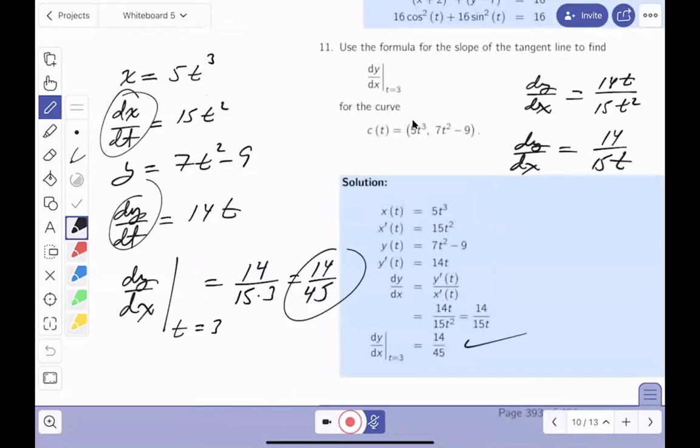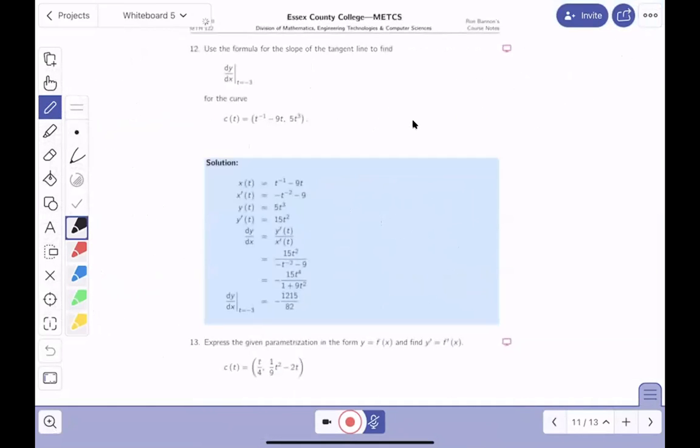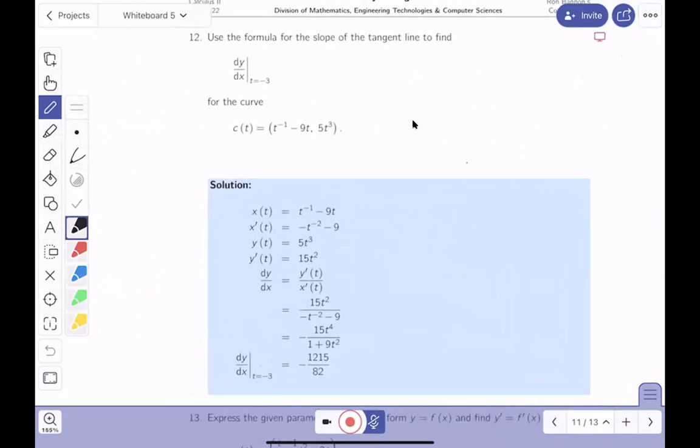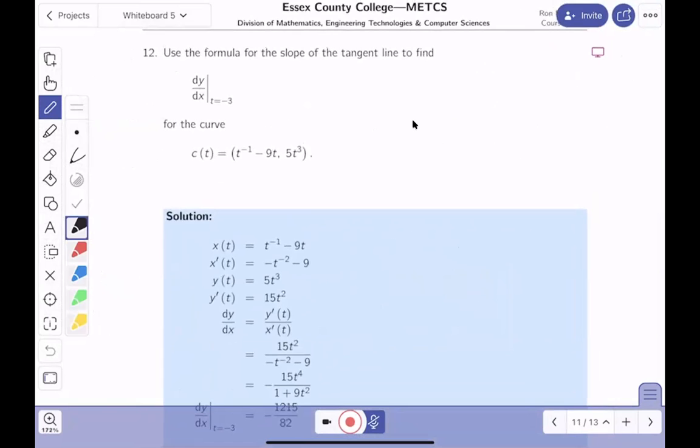Let me make sure I read that correctly. Use the formula of slope of tangent line to find. Yeah, we did that. All right, this one's a little different, by the way. Actually it wasn't any different. They're saying, I need to find the slope of the tangent line for the curve. Use the formula to find the slope. Yeah, almost the same problem, really. Let's write this down. dx dt is minus t to the minus 2 minus 9.